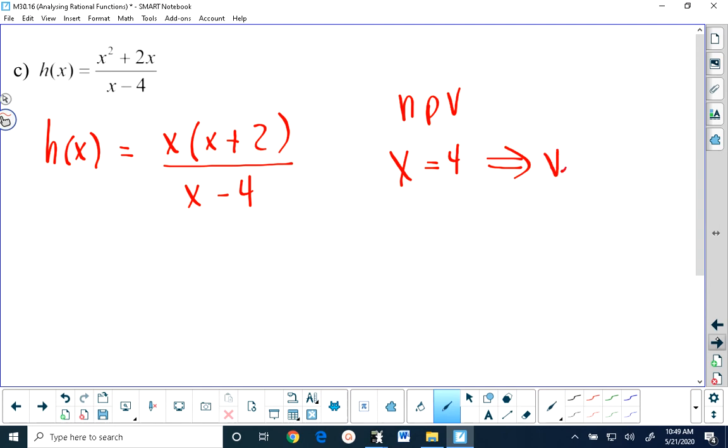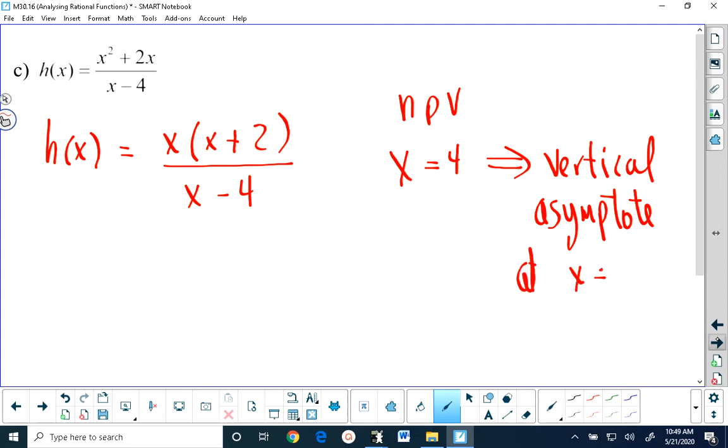There will be a vertical asymptote because the factor that produces the non-permissible value of 4 does not cancel with a factor on the top. This x minus 4 is what leads us to the x equals 4 for the non-permissible value, and there's no x minus 4 on the top to cancel.